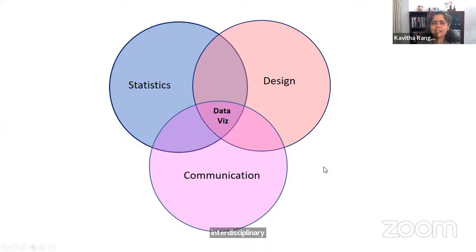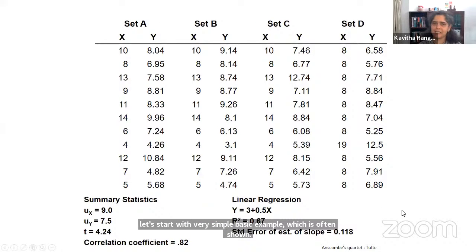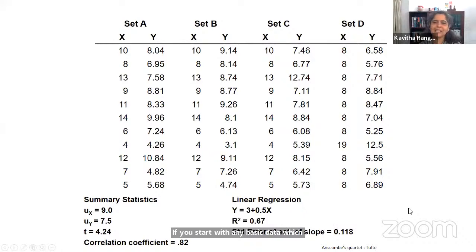So let's start with a very simple basic example, which is often shown in any basic data visualization class. This is known as Anscombe's quartet. It's a very famous data set. You will see four different sets of data here, set A, B, C, and D, and we have X and Y for each of these sets.